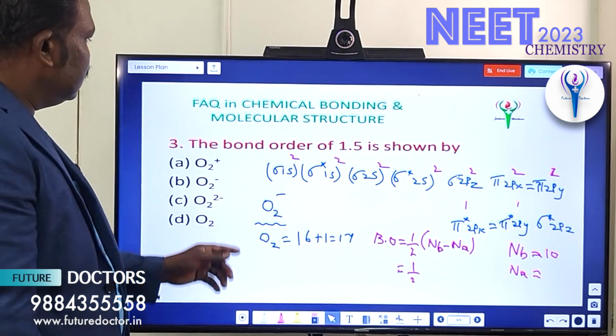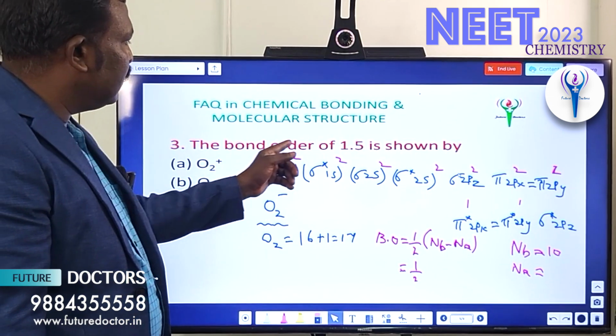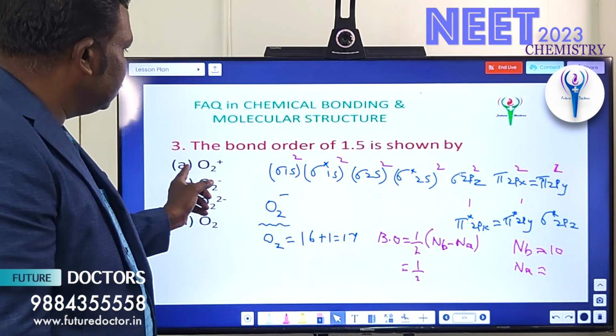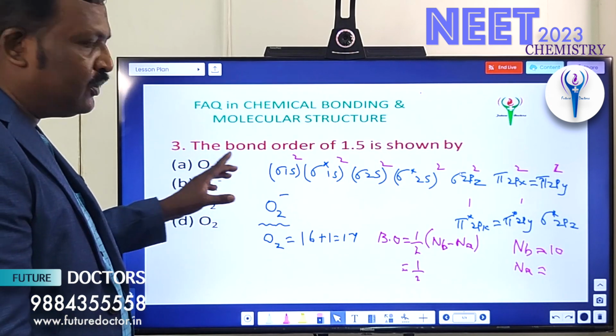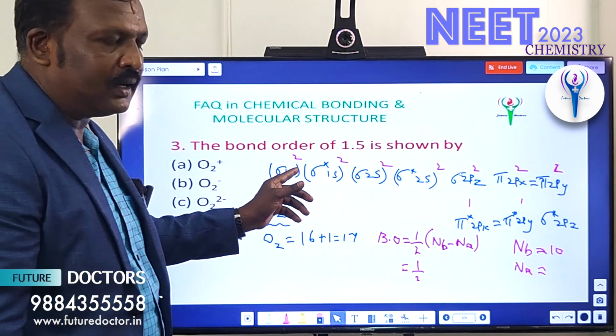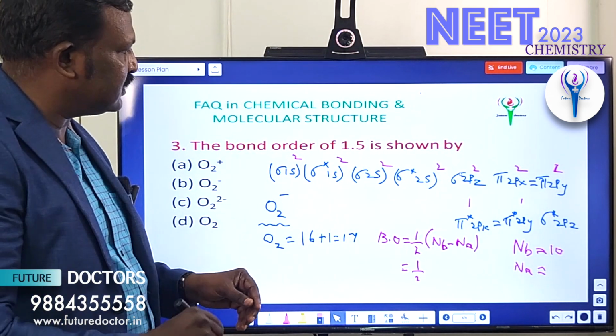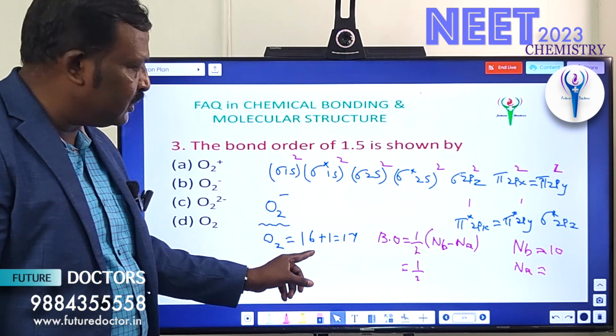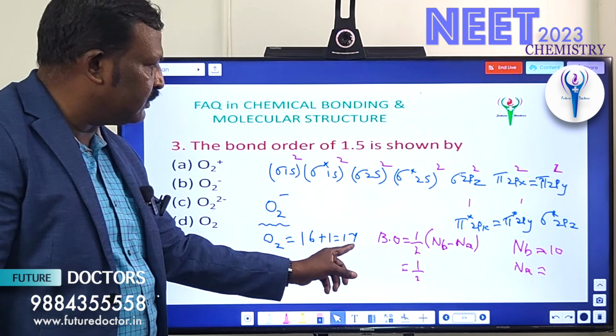See, the third one: the bond order of 1.5 is shown by this molecule. Which molecule has the bond order 1.5, we have to find out. You must know the molecular orbital diagram and molecular arrangements. So O2 has 16 electrons, minus means plus 1 electron, totally 17 electrons.